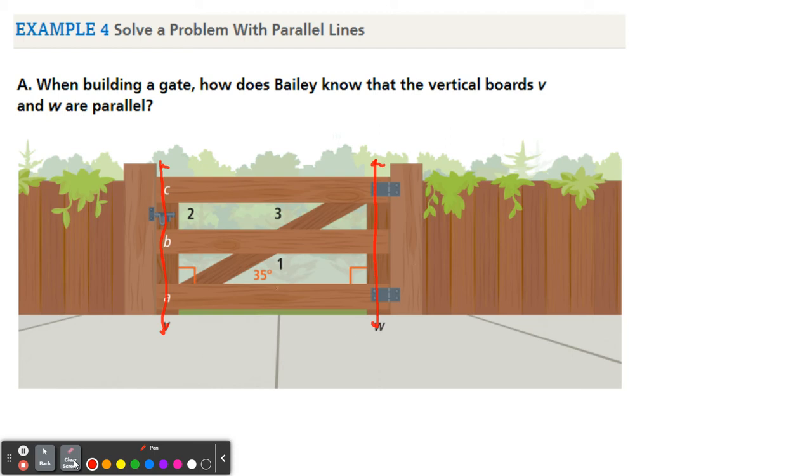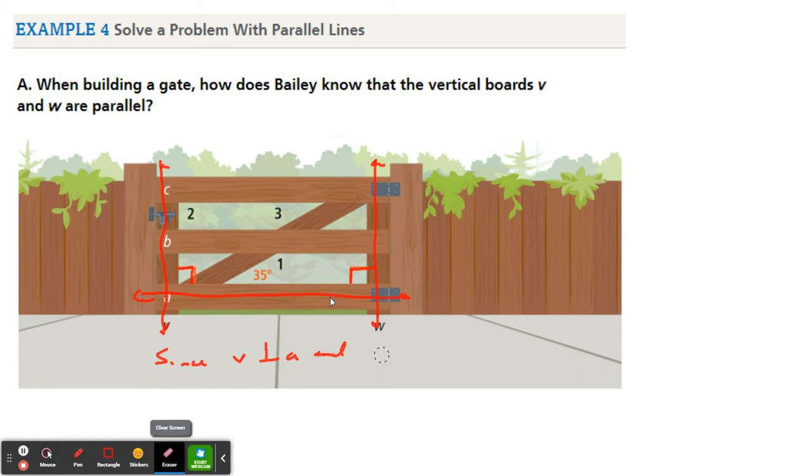If we look at this picture here, I have board A perpendicular to board V. So V is perpendicular to A, and A is perpendicular to W. I apologize, I was trying to look at what I wrote down.